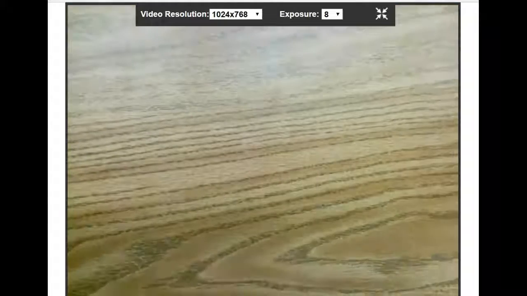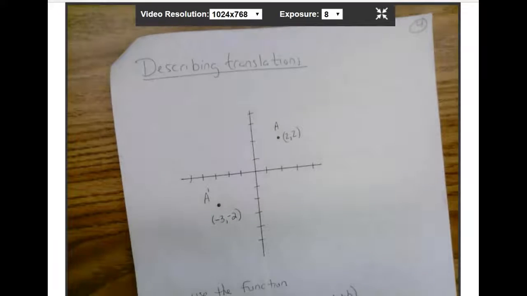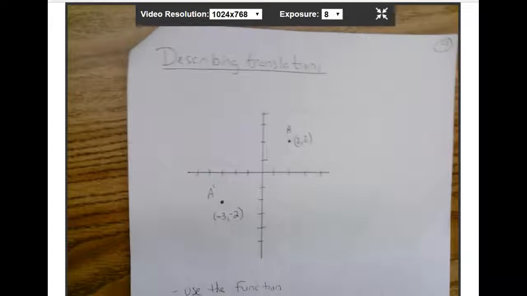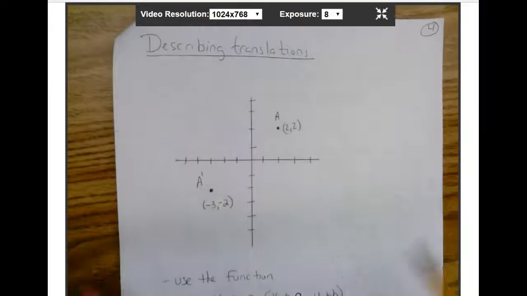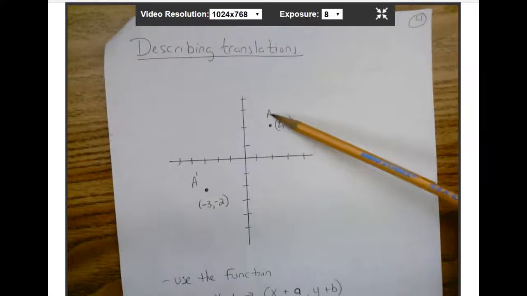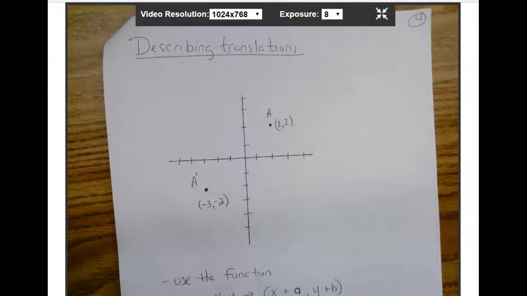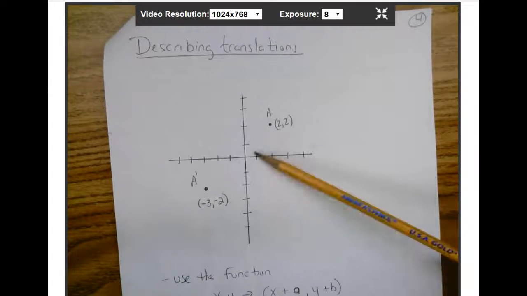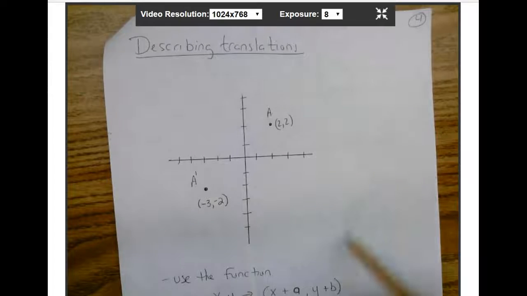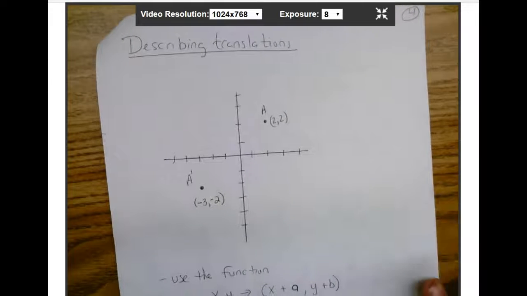And one last thing we have to look at is how we should also be able to describe these if we see them. So if we have a point like A, that's our original point, and then A prime, how do we describe the change and figure out what the vector coordinate is?